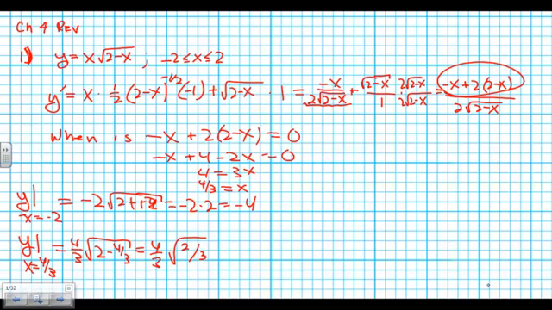Well, my answers are going to be the global extreme values. The extreme values are going to be y values. So 4/3 is the location of a possible global extreme.